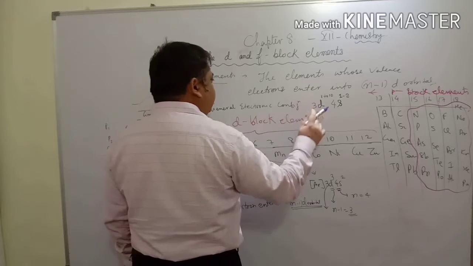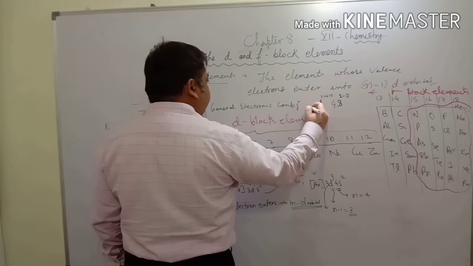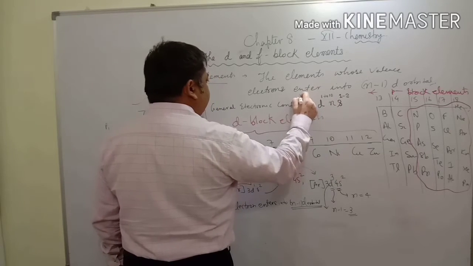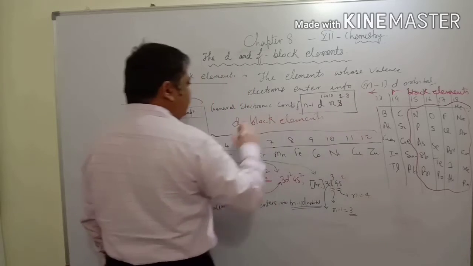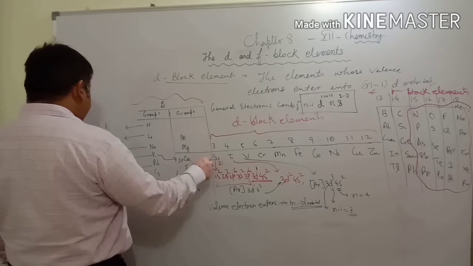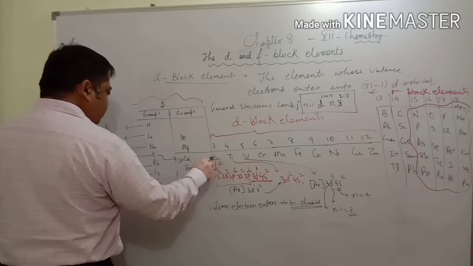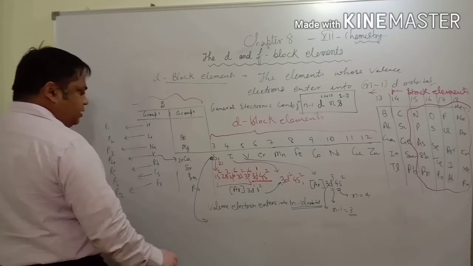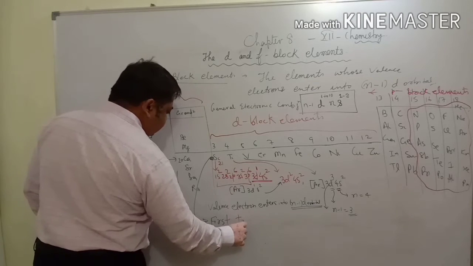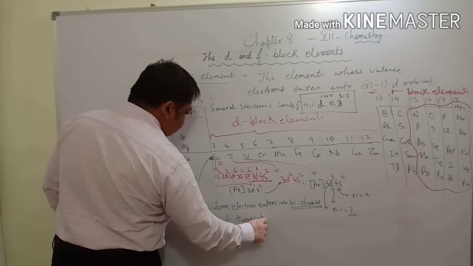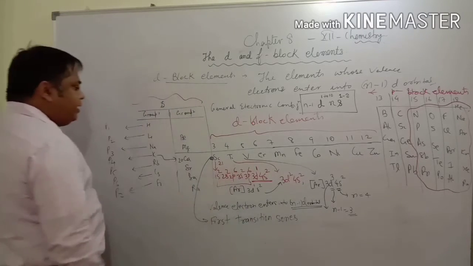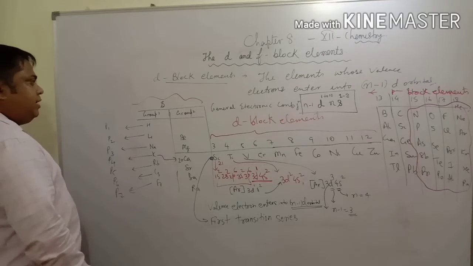So this is the general electronic configuration, or in this case instead of 3 we can write n minus 1 and instead of 4 we can write n. So period 4 from here we call the first transition series. Below scandium, yttrium is there, that is the second transition series.